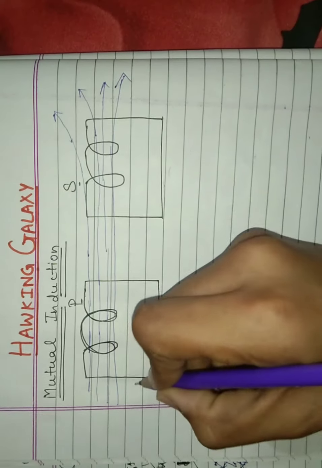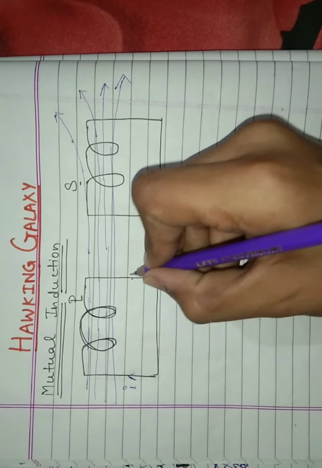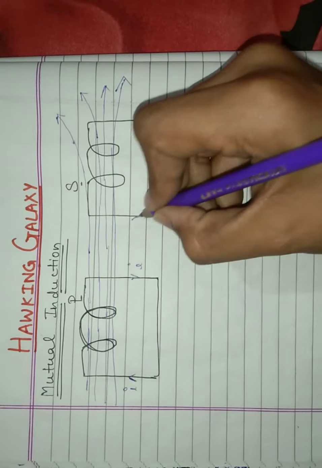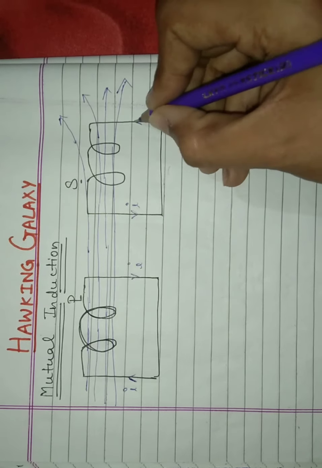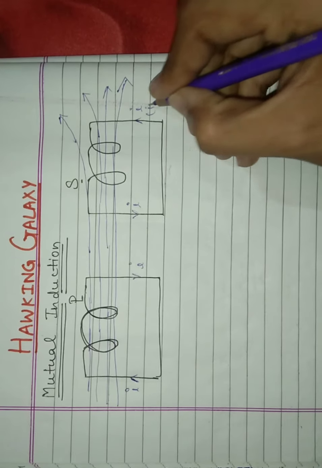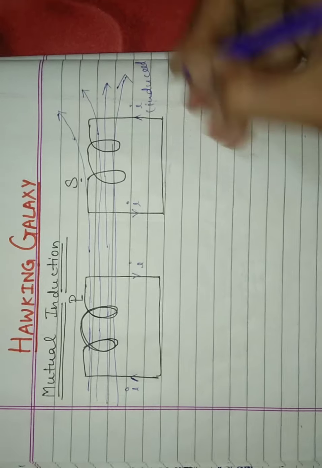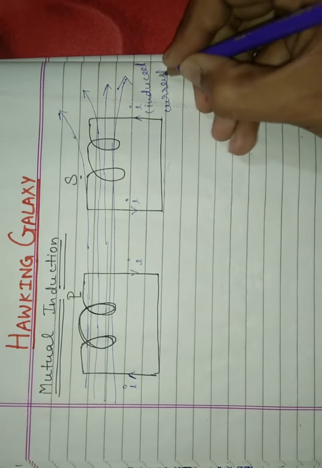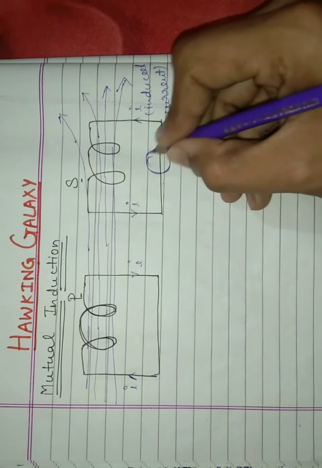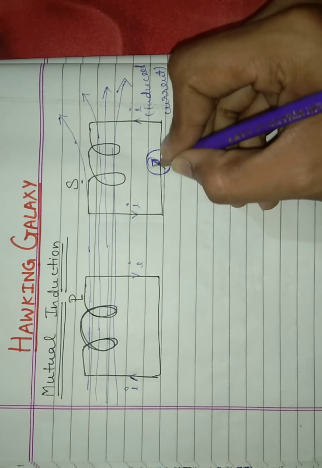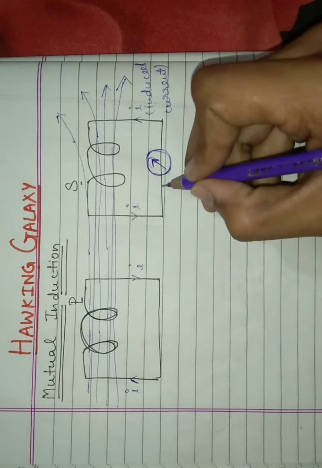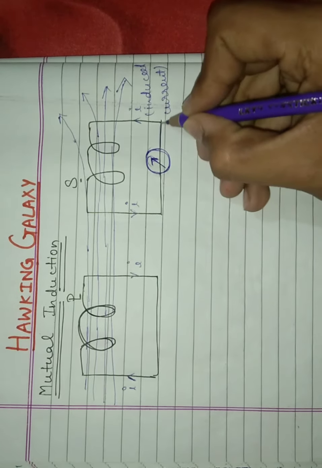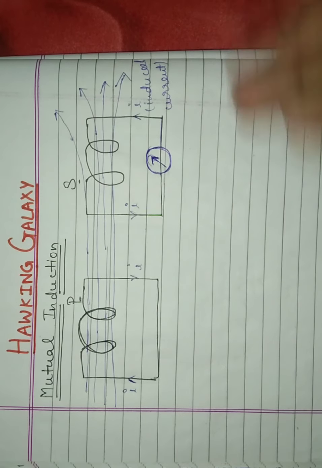Okay, let the current here be like this, so here it will be the opposite side. This is our direction of induced current. This is our galvanometer. This shows that current is flowing in the secondary circuit. We will get to know by the galvanometer that the current is flowing in the clockwise direction.